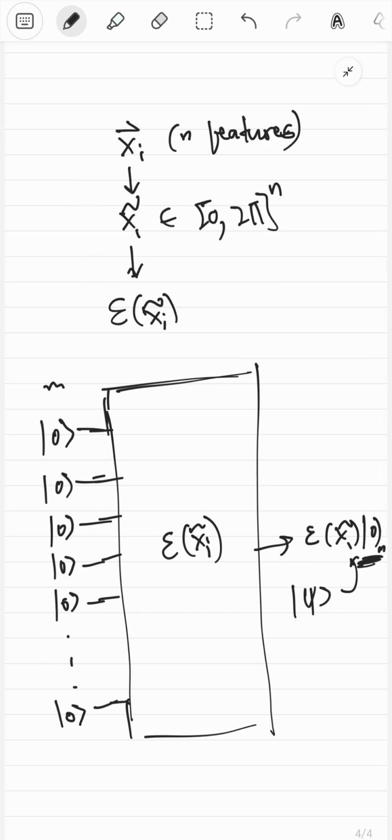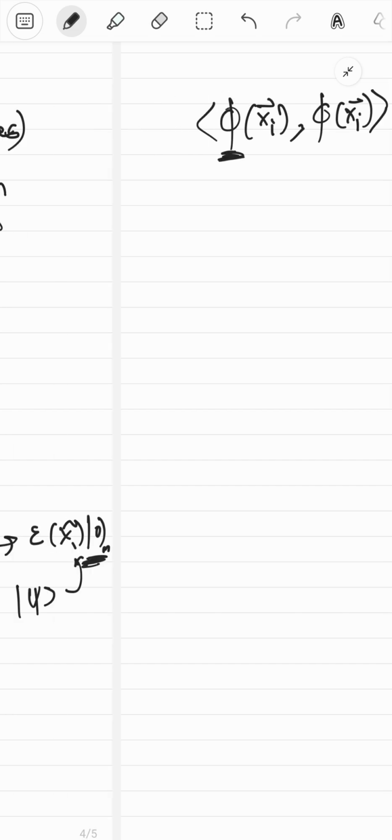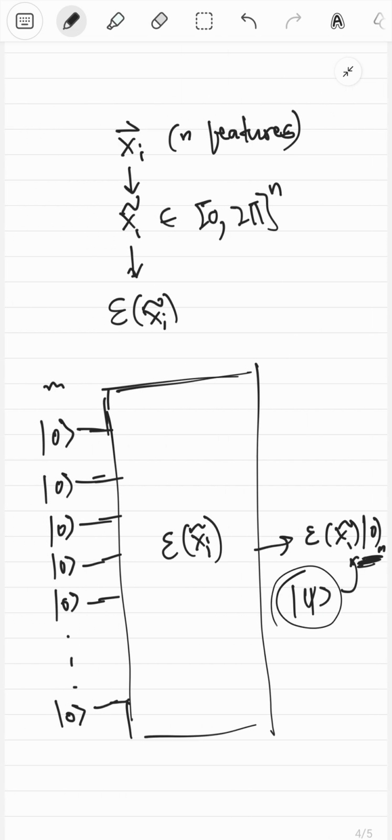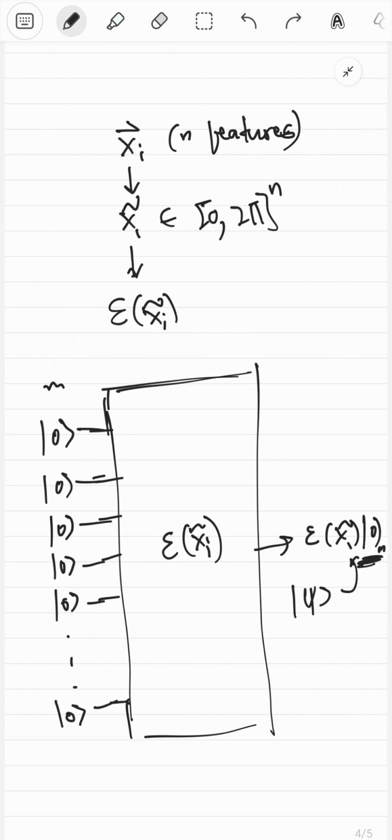Now what we really want to do is calculate the kernel somehow, right? So what we want is just this thing. Now how do you get that? What we have just done is actually do this psi thing. So this state vector now represents our psi of xi vector, right?